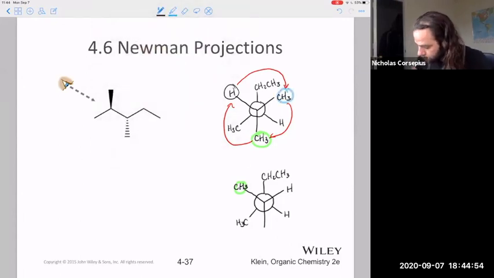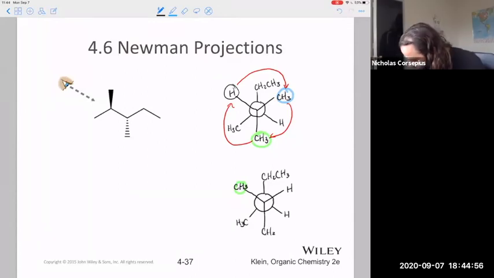And this methyl group that was on the right is now pointing down. Okay, so all I've really done here is take this Newman structure and show a bond rotation of 120 degrees on that front carbon, and now displayed a new rotational conformation.